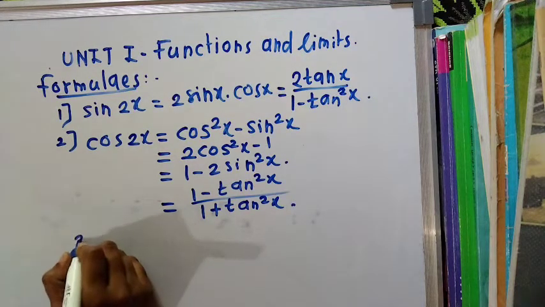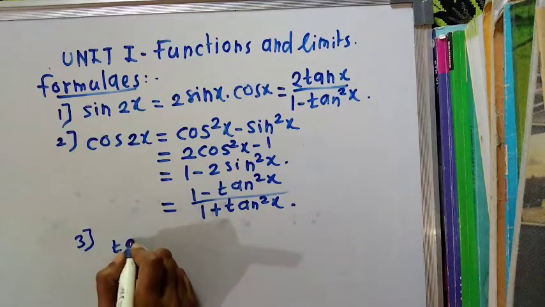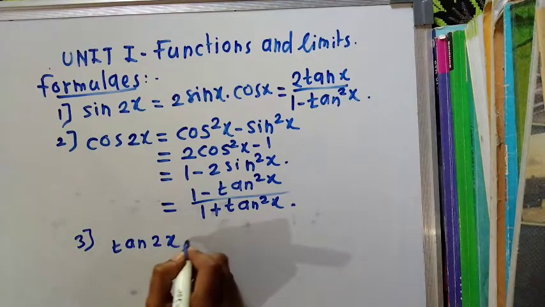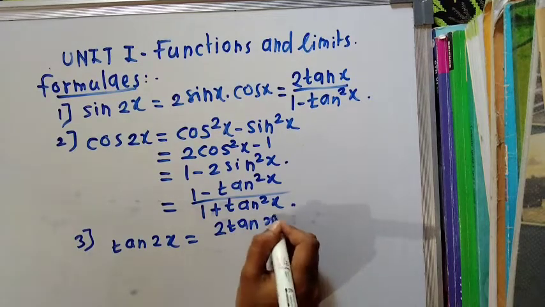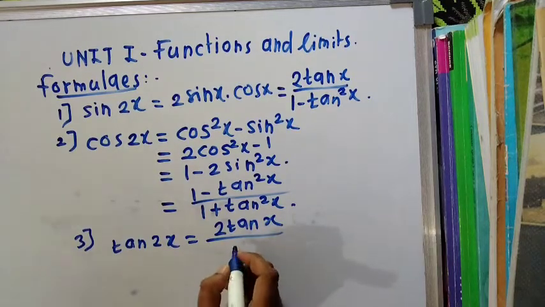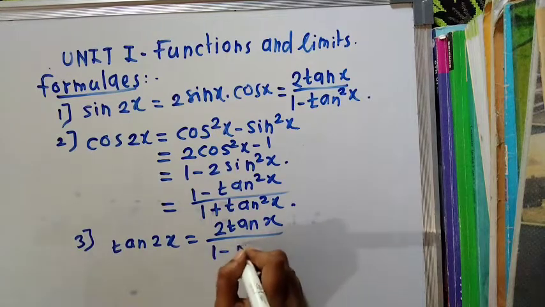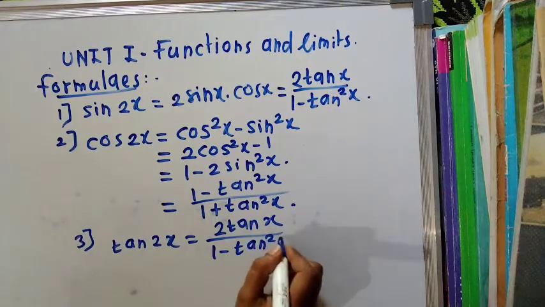Then third is tan 2x, which is equal to 2 tan x divided by 1 minus tan square x.